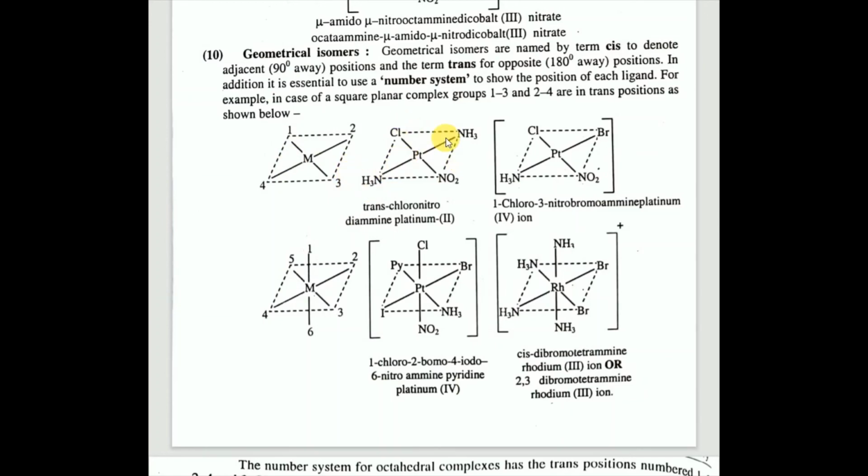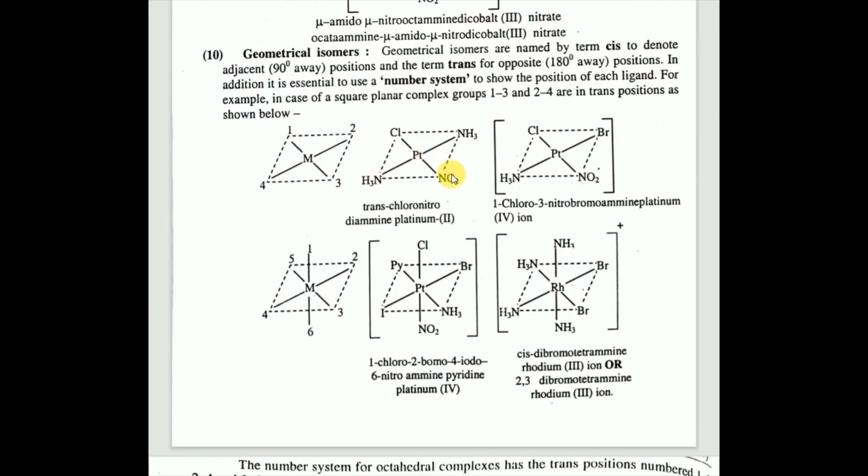So this is the IUPAC name. In this complex, these are the two ammonia. Both ammonia are the same groups, and the same groups are 180 degrees away, at position 2 and position 4. That's why this complex is trans. So the IUPAC name of this geometrical isomer is trans-chloronitrodiammineplatinum(II).